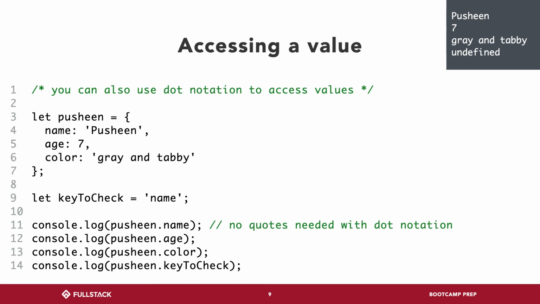It just looks for that thing inside of machine. So dot name exists, dot age is here, dot color's here. Dot key to check equals name, but no one cares, because you're using dot notation. So it's looking for key to check. Where is key to check? It's not here, so you get undefined.